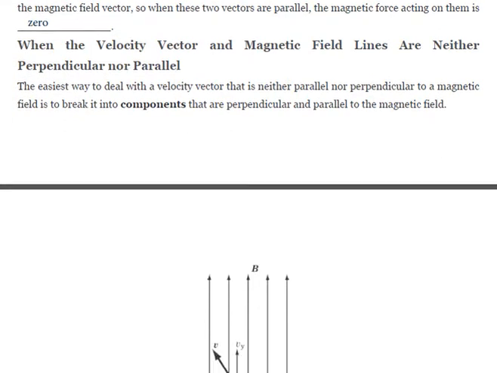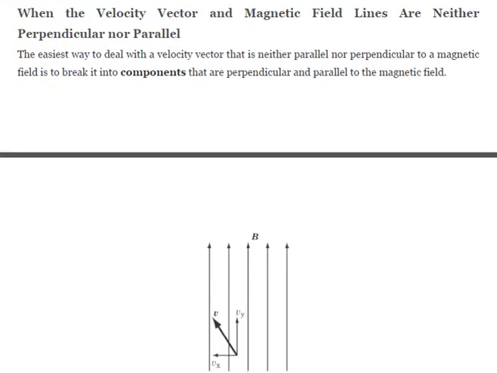So now we come to this in-between stuff. Not like it's really difficult. You just add one little extra thing to multiply. So they're not perpendicular and they're not parallel. The easiest way to deal with this stuff is to break it up into components.